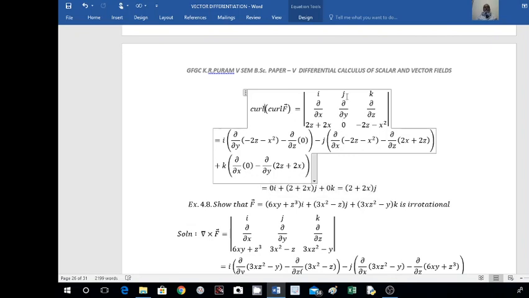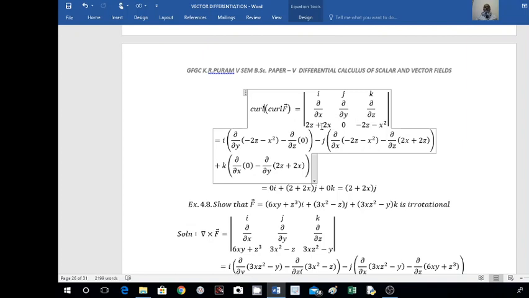Minus j into dou by dou x of this, here I am considering the minus, dou by dou x of minus x square is minus 2x, that is, within the bracket it is minus 2x, minus dou by dou z of this, that is minus 2.